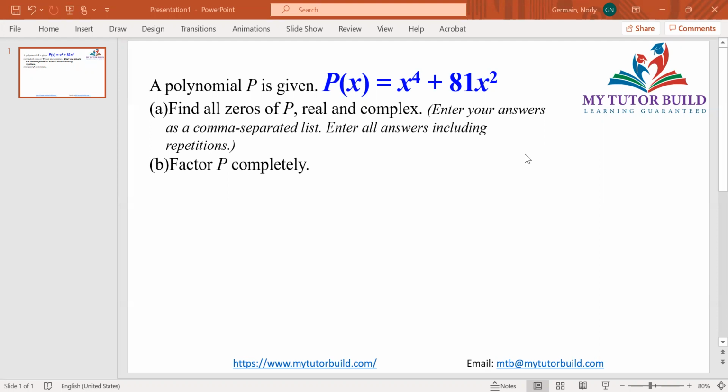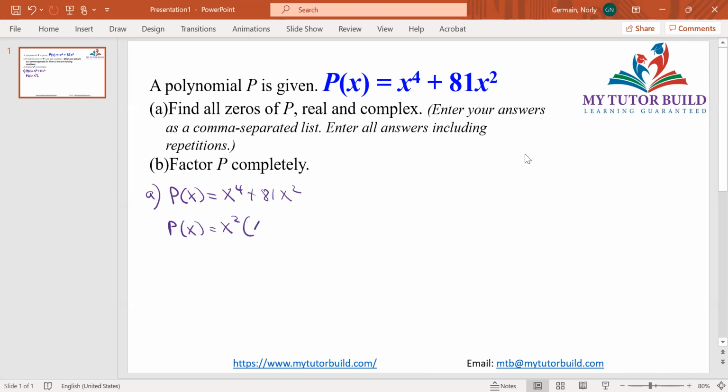If we rewrite our polynomial p of x equals x to the power 4 plus 81x squared, we can factor out x squared, because the common factor between x to the power 4 and 81x squared is x squared.